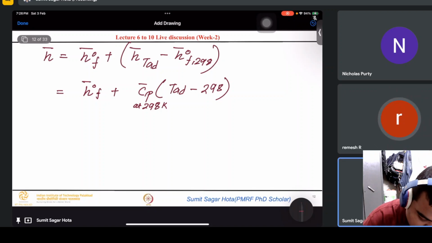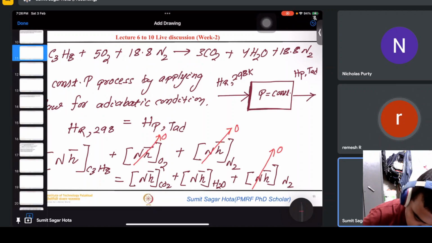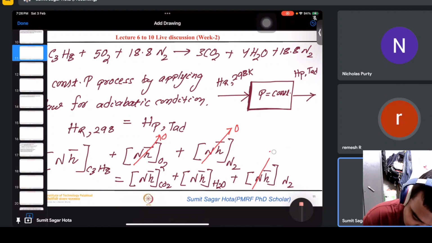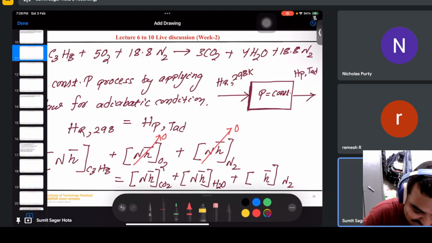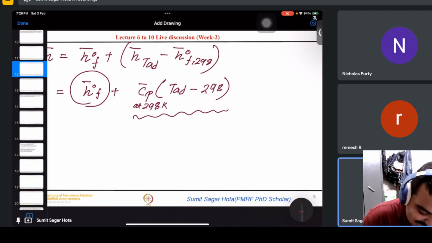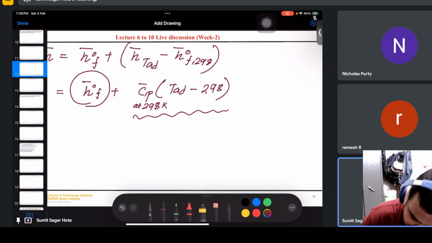Correct, your understanding is correct, because the product is having some sensible enthalpy. Obviously in this part the nitrogen enthalpy of formation is 0, but the sensible part is not 0. Obviously in the product there should be some values. Correct.